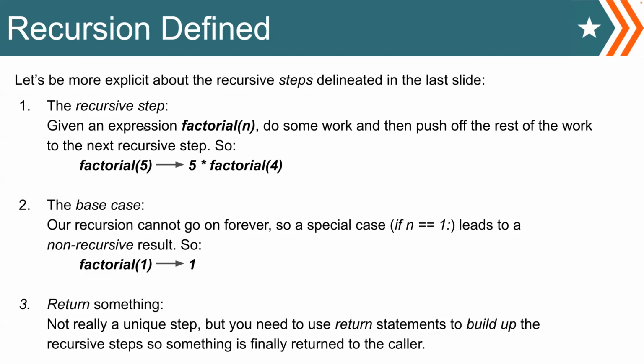We've also got to define our recursive case. And again, think about the factorial, right? 5 factorial is the same as 5 times 4 factorial. So this is a good example of our recursive case, the part that we can define in terms of itself, where we do want to incept. And then we need to use return statements to build up these recursive steps so something is finally returned.